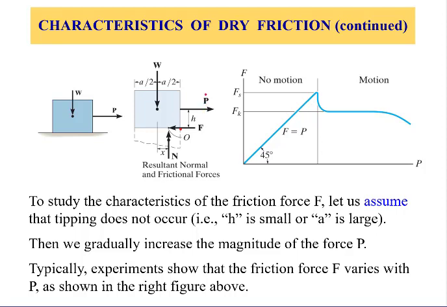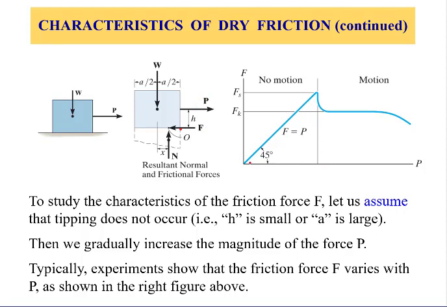As this force P increases, we expect that the friction force will start to be generated at the contact, and its magnitude will increase proportionally, equal to the magnitude of P, which is represented in this graph.